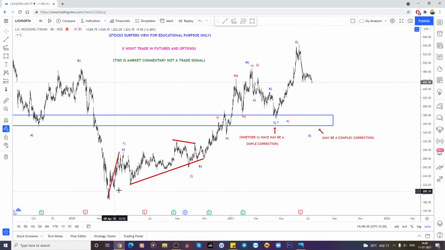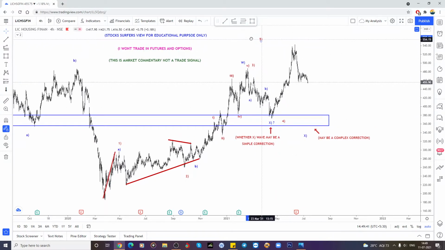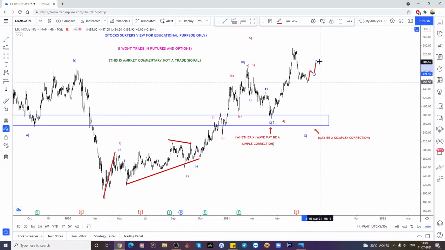See, I took this as a B. So C is a 5-wave structure. So this is the completion of the W. X. So this is the A, right? So what we will do is look for the B wave. After the B wave, the intermediate B wave, we are looking to enter here for that Y wave. So this is the A, B, C.